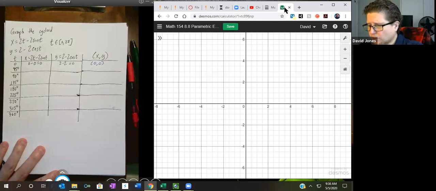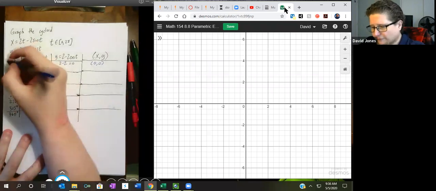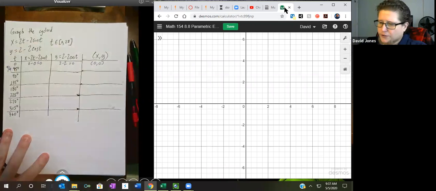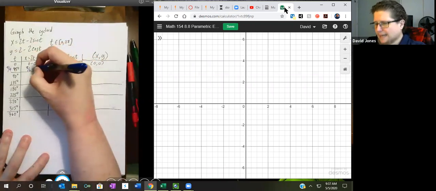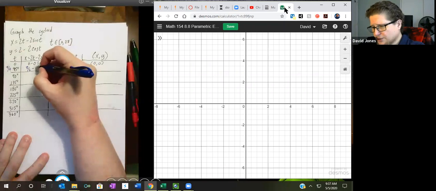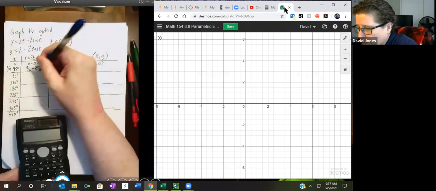Here is where you don't want to use degrees. I did it for the list, but remember these are increments of pi over 4. That's what we want to use. So 2 times pi over 4 is pi over 2, minus 2 sine of pi over 4 is minus 2 times root 2 over 2. What is that on a calculator? The 2's cancel.